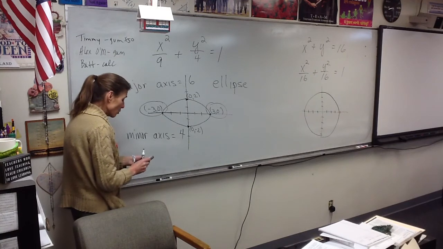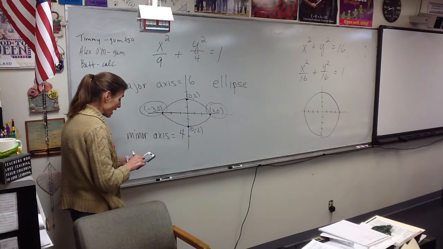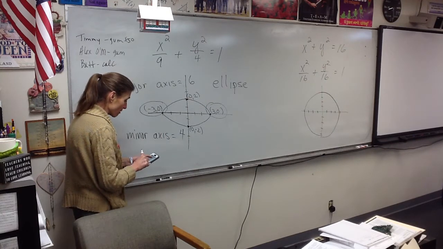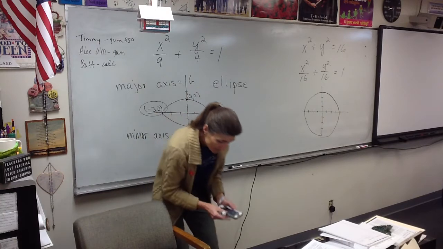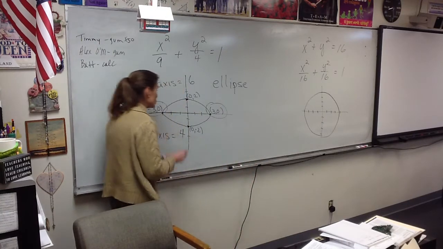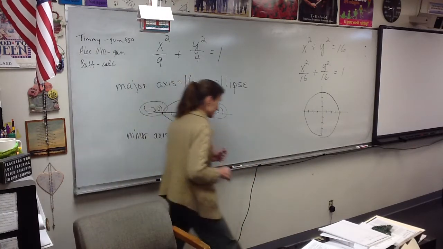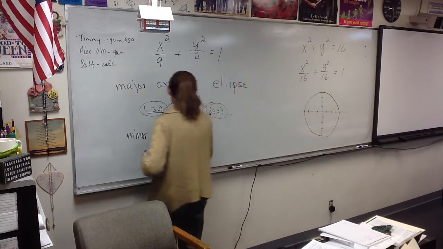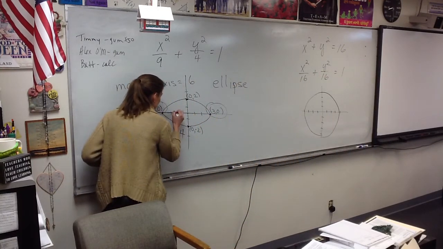Now, what is so important about the major axis? Well, that's where your foci are. The ellipse has 2 focus points, and they are always located on the major axis.